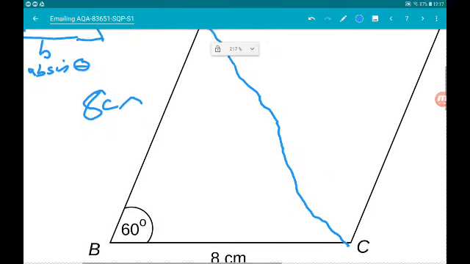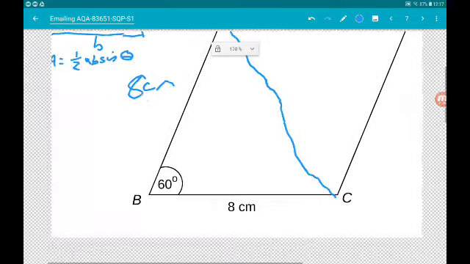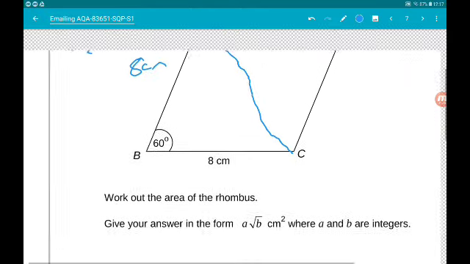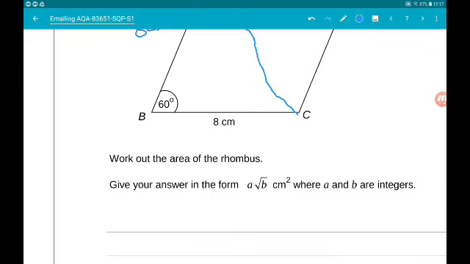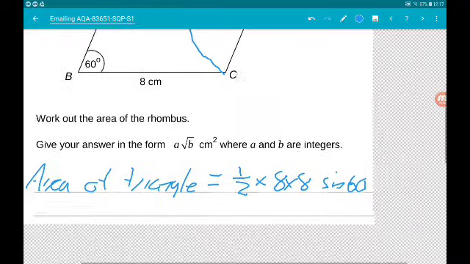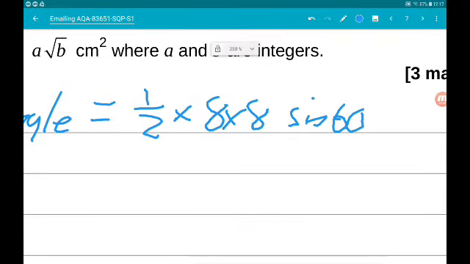So what we're going to do is work out the area of this triangle. So the area of the triangle is 1/2 times 8 times 8 sine of 60. Now 1/2 times 8 times 8 is 32.